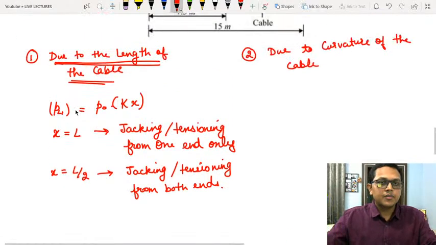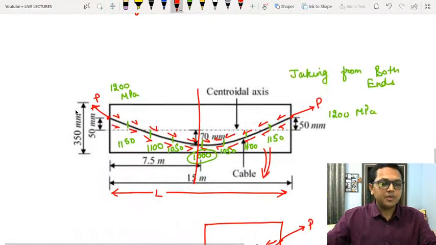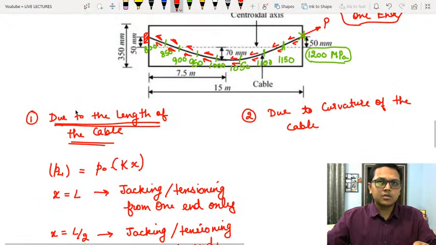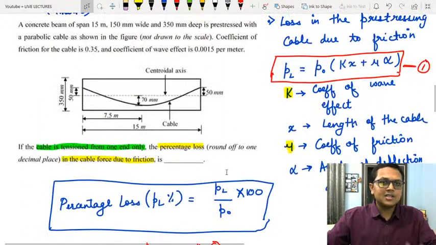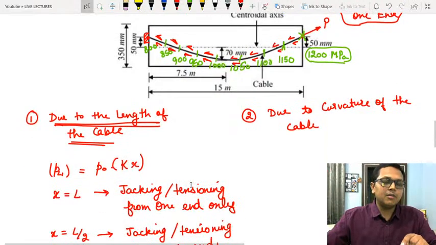This is the concept in the background of this question. Although in the question it is given that the cable is tensioned from one end only, the length that will be taken into consideration will be the full length, that is the 15 meter.